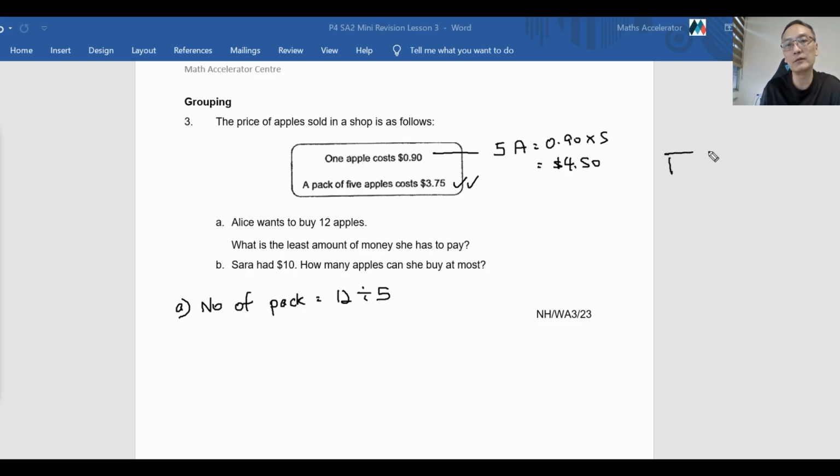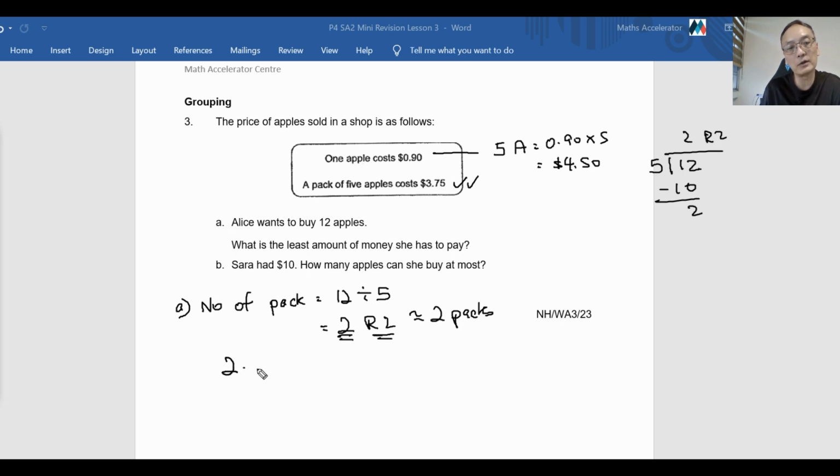We carry out a long division at the side. 2 times 5 is 10, and we have a remainder of 2. So it is 2 remainder 2. This tells us that at most we can buy only 2 packs, and we have 2 more apples.